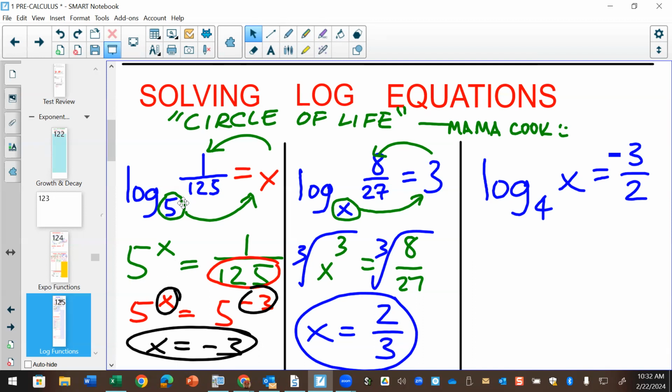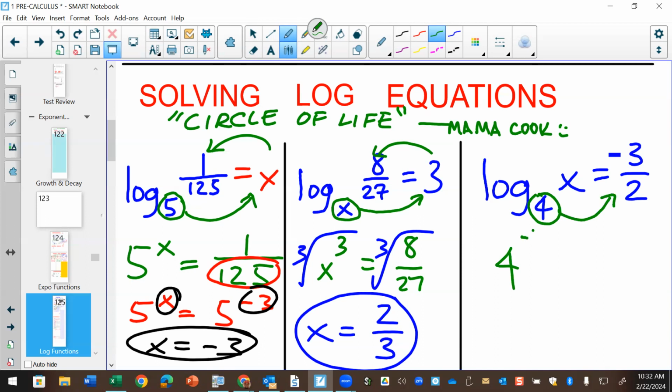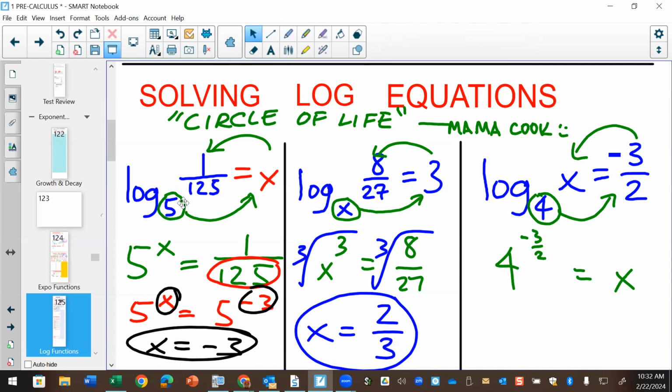All right. So let's get you to have credit land by doing the circle of life. Where does it start? Forward to the -3/2 power equal X. Okay, now, final exam, let you use a calculator for the whole thing, so I would just toss that in the calculator, but right now, you gotta show me you know what these three things mean.